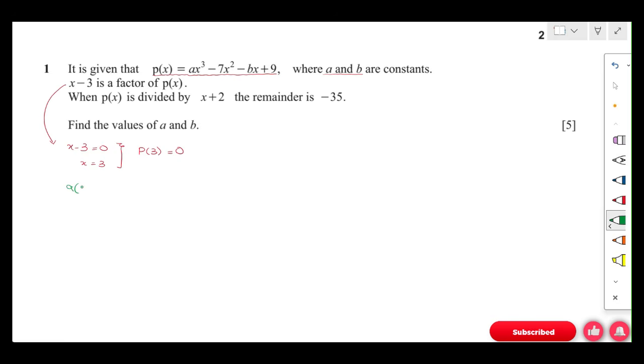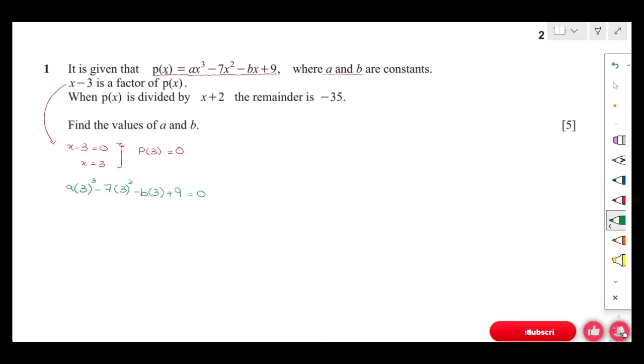So we have a, and here we have 3 cube, and minus 7 and 3 square, and minus b, and the x value is 3, plus 9, that should be equal to 0. So we have to put p of 3 equals 0, right?